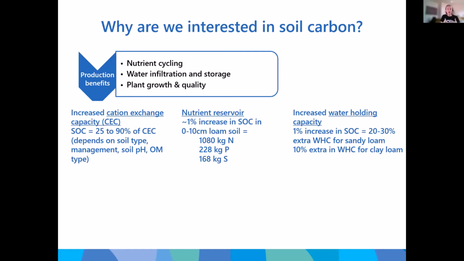We have mycorrhizal fungi, which grows throughout the soil like a spider web, which enmeshes aggregates and helps with that stability. So we've got glues, we've got mesh, and then we've also got that formation of aggregates and macropores through our bigger soil organisms as well, such as our earthworms and our dung beetles. So all of that enhances this structural ability of the soil to act like a sponge.